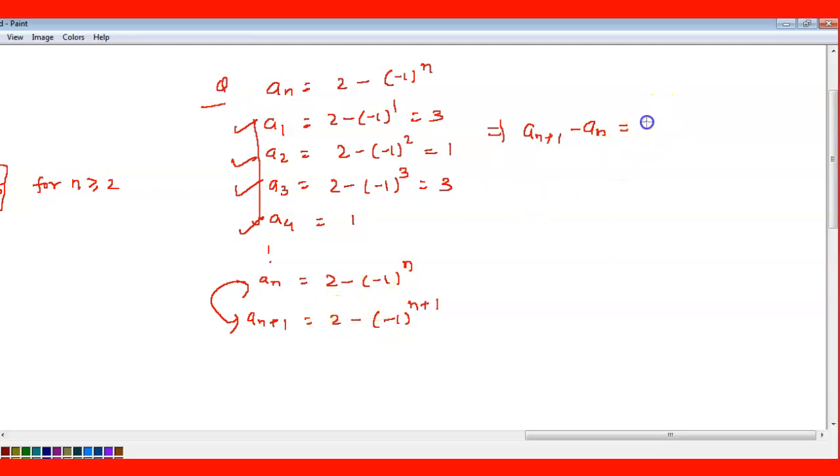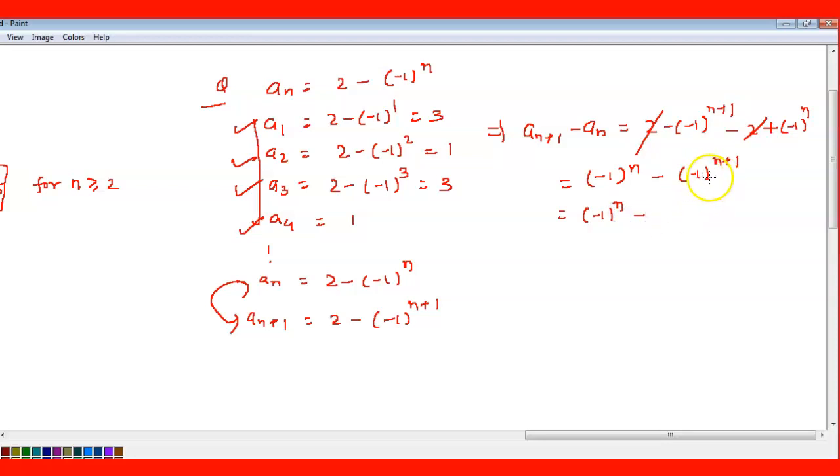an plus 1 is 2 minus 1 to the power of n plus 1, minus an is 2 minus 1 to the power of n, so minus becomes plus. This and this get cancelled, right? So we can write this is 1 minus 1 to the power of n plus 1, and minus 1 to the power of n as it is.